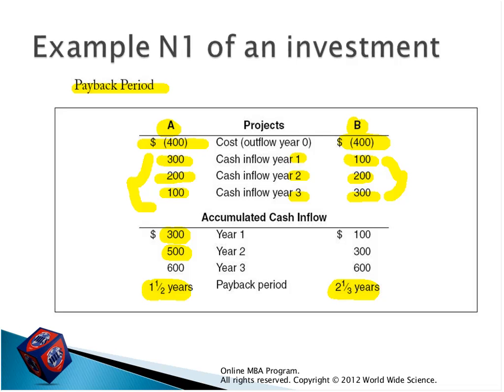As we can say, we have no idea, or it's very difficult to make predictions for the future. We have no idea what could happen after 2 or 3 years. Will we get back our 300 from project B at the end of the 3rd year or not?